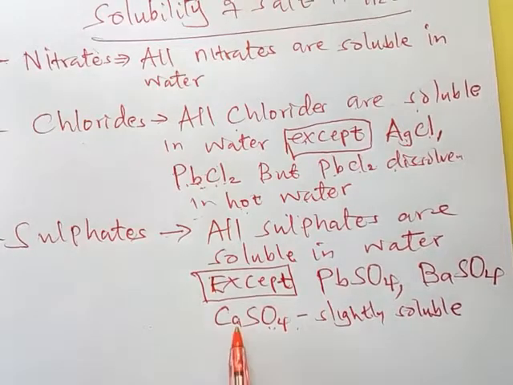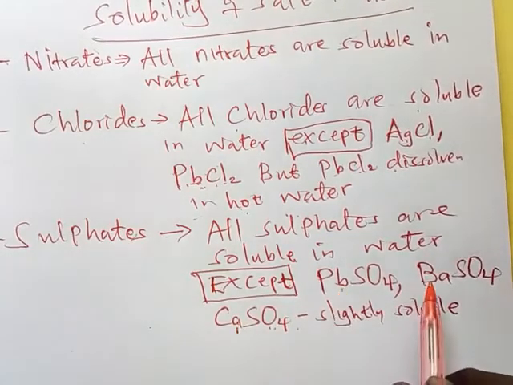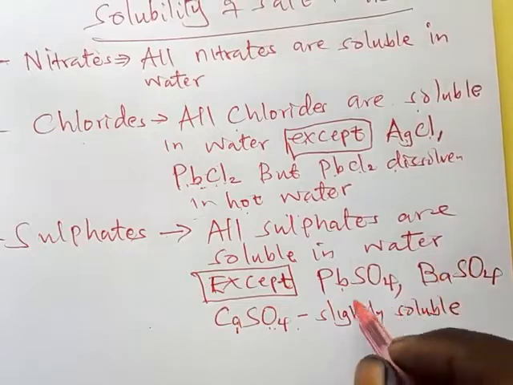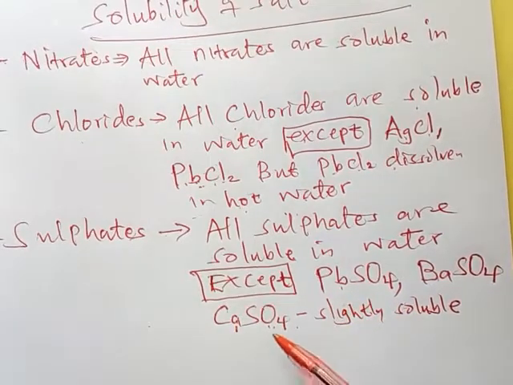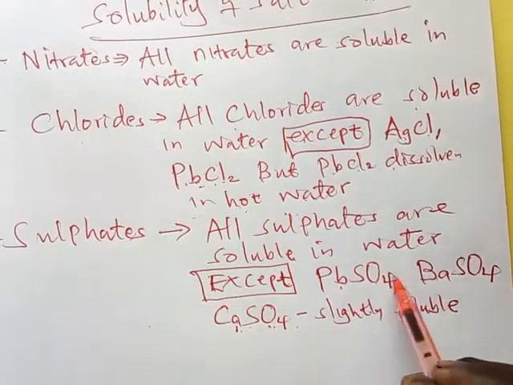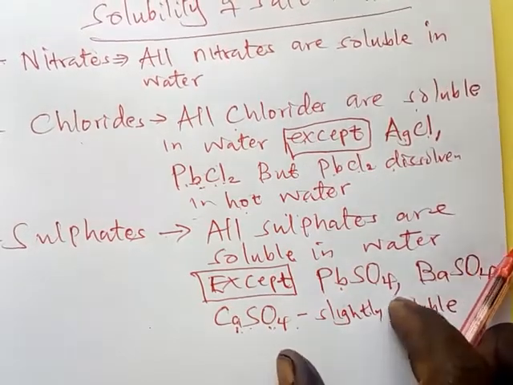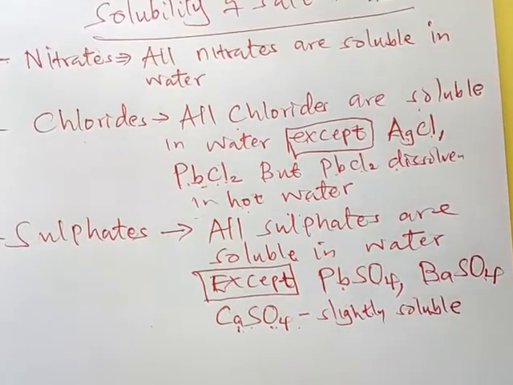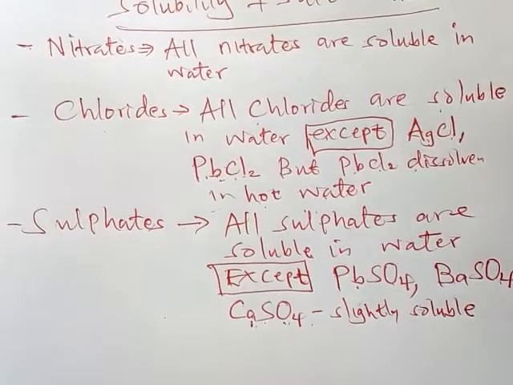So we say calcium sulfate, lead sulfate, barium sulfate are insoluble in water, because if you dissolve this one, you will see some milk. If it is milky, then that one is not a colorless solution. So they form white precipitate, it means they are insoluble in water.